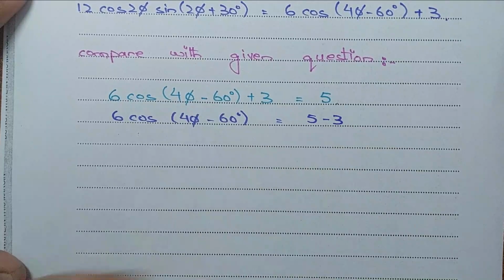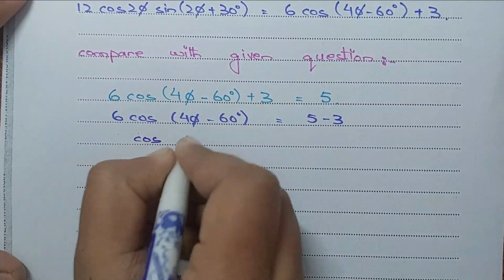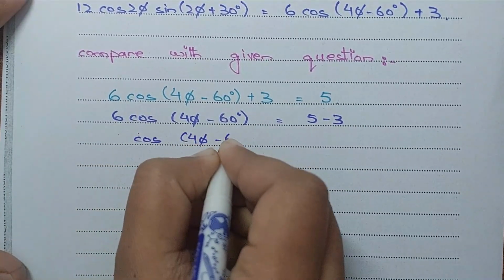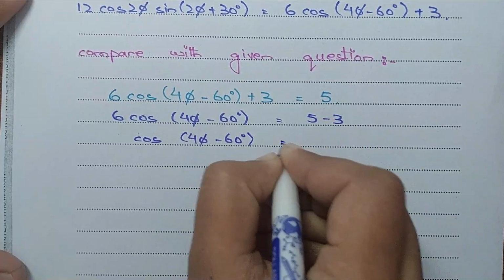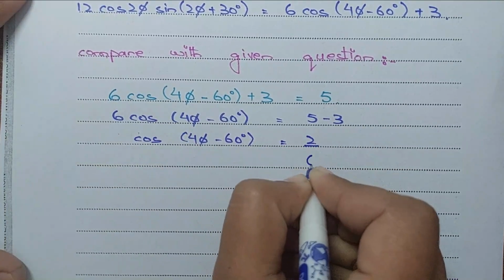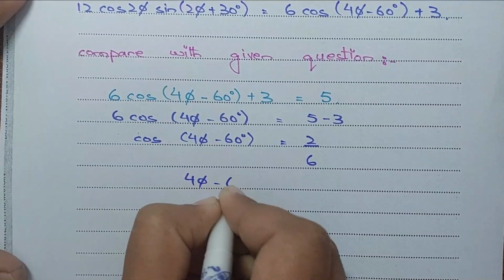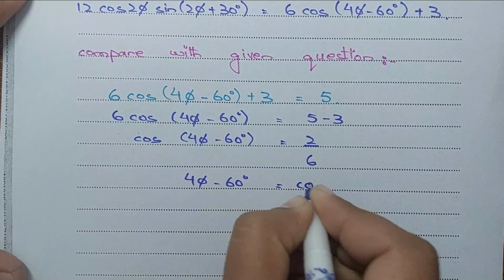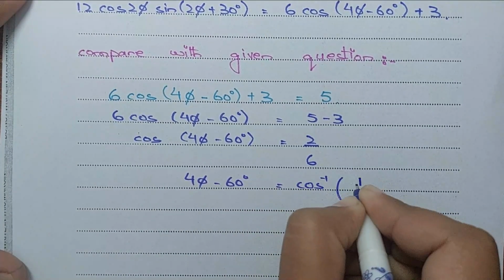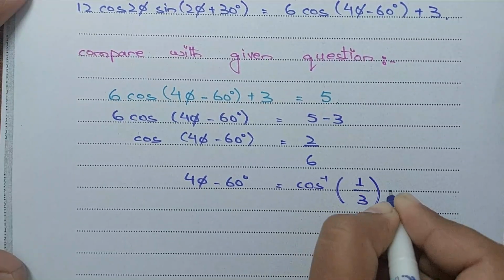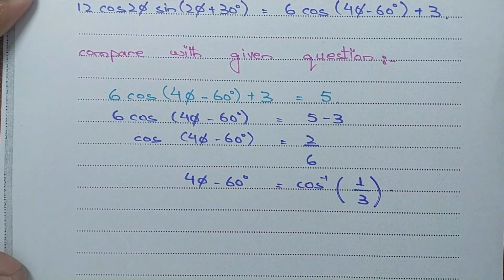Take away 3. Now cos of (4 phi minus 60 degree) is 2 divided by 6. So 4 phi minus 60 degree is cos inverse of 2 over 6, which is 1 over 3.